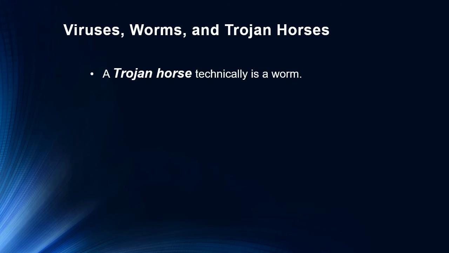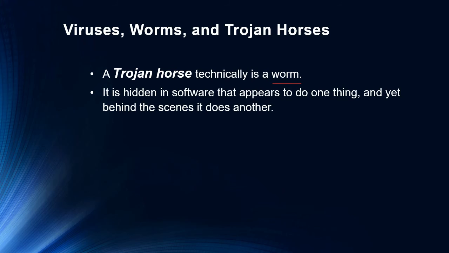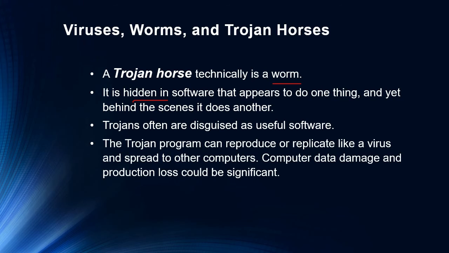Third one is the Trojan horse. A Trojan horse is technically a worm. It is hidden in software that appears to do one thing, yet behind the scenes, it does another. Trojans are often disguised as useful software.